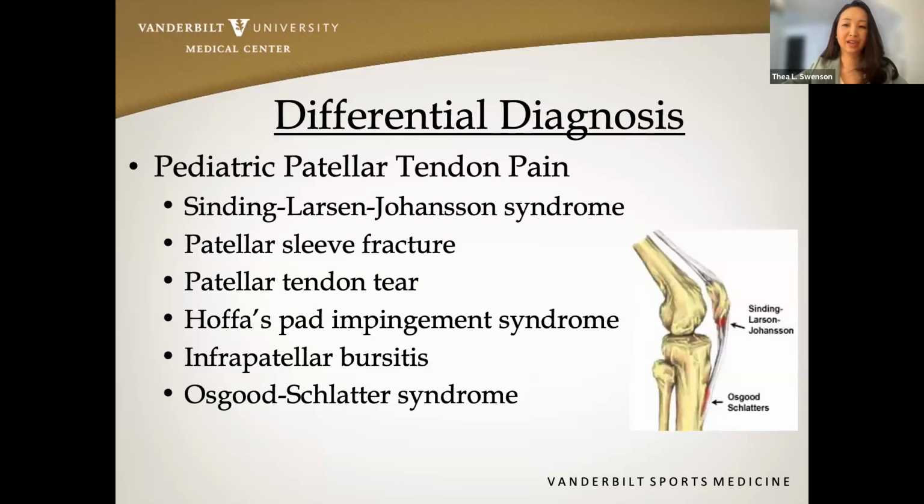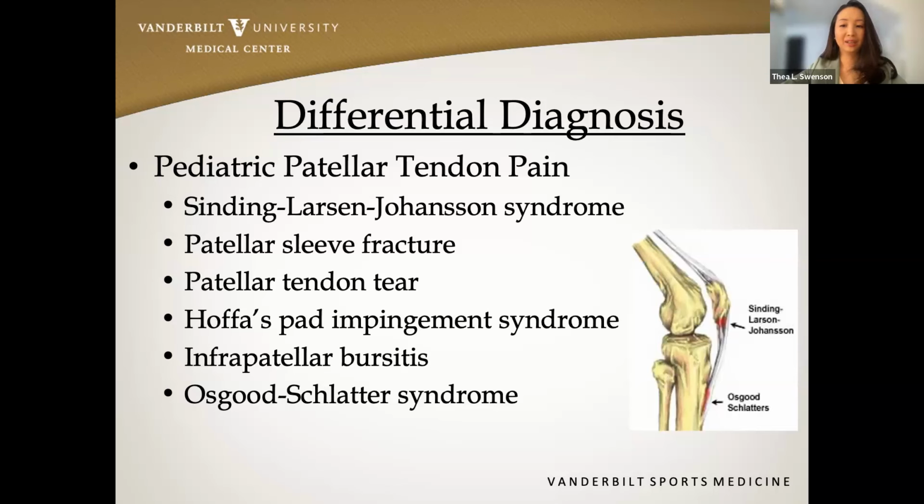This is the differential diagnosis we're thinking of for pediatric patellar knee pain. We, of course, have Sinding-Larsen-Johansson syndrome or jumper's knee, which is an overuse injury leading to an osteochondral defect at the proximal patellar tendon attachment and irritation of the patellar growth plate there. We have patellar sleeve fractures, which are rare injuries in which there is actually an osteochondral avulsion injury.